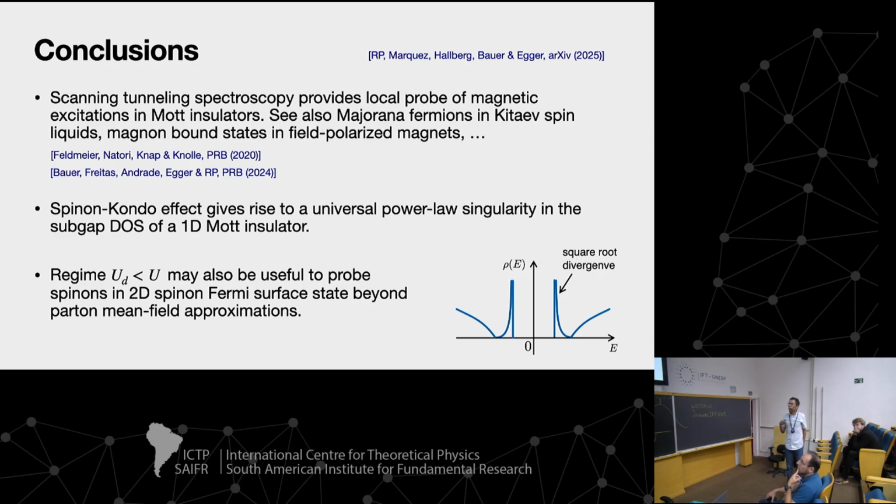And maybe this is my last remark, more on the speculative side. Maybe there are some lessons for the higher dimensional case, because maybe it's interesting to look at this regime of UD less than U also in 2 dimensions to probe the spinons in the 2D spinon Fermi surface state beyond mean field approximations, right?